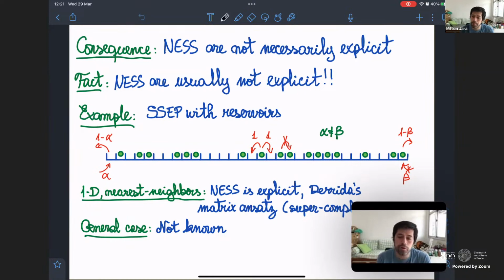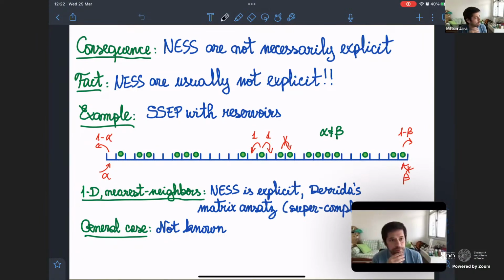So what you do is that basically you have particles, a certain number of particles on your favorite graph, and they move on the graph following the exclusion rule, meaning that at each time, at most one particle per site. So two particles cannot share the same spot. So how do the dynamics work? Each particle has some internal clock.